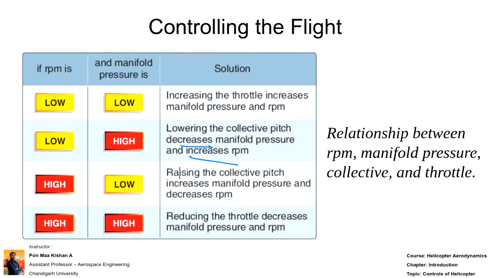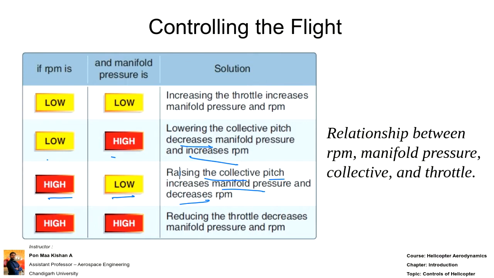Next, if RPM is high and manifold pressure is low: when the rotational speed is high but the required pressure is less, then we have to increase the collective pitch angle. That is, the pitch angle should be increased by raising the collective pitch control, so the manifold pressure will increase and the RPM will decrease.